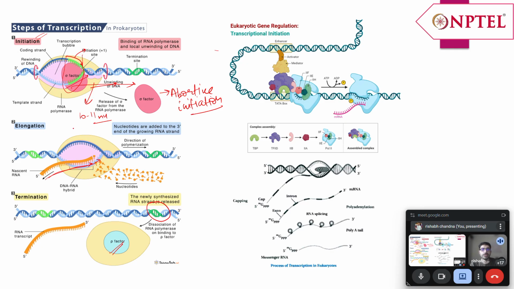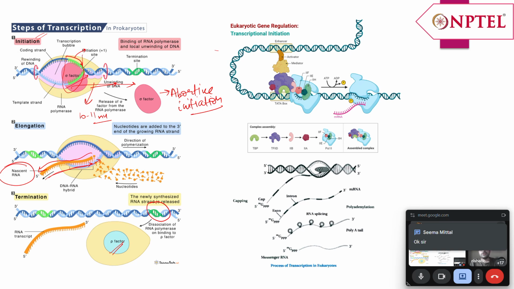That is why the RNA produced here is called a nascent RNA, because the system doesn't know whether the RNA polymerase will keep transcribing this DNA, or it will slip off and sit on the DNA again to form the RNA. That is why the term nascent RNA is used. So this was the prokaryotic transcription.